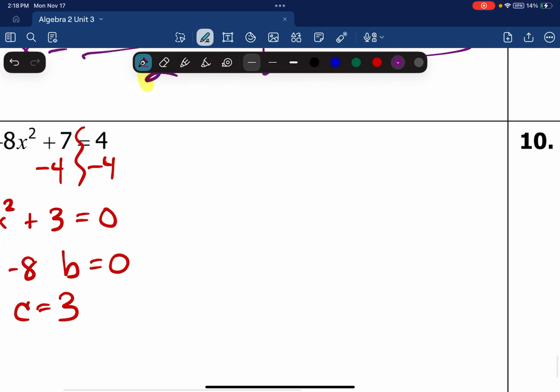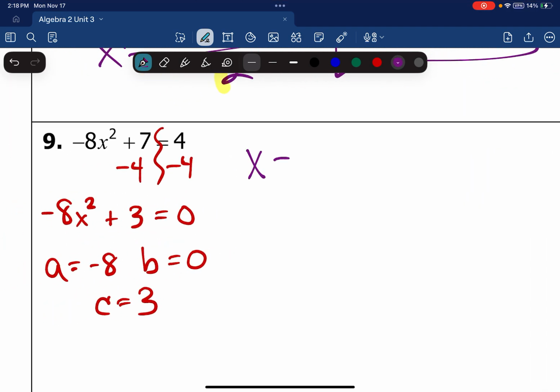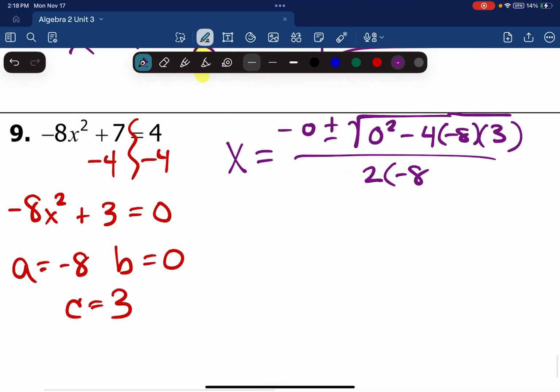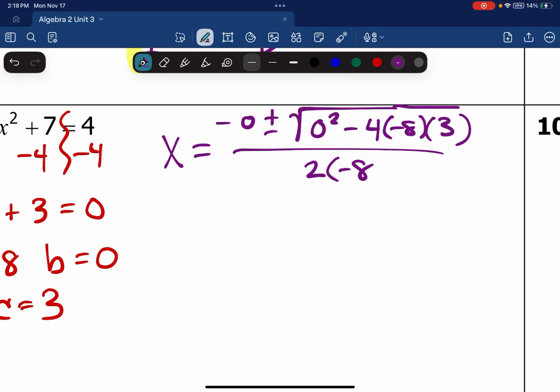So if we're plugging these in, x equals -b plus or minus the square root of b squared minus 4 times a times c, all over 2 times a. So just because one of your terms is 0 doesn't mean you shouldn't substitute it in.